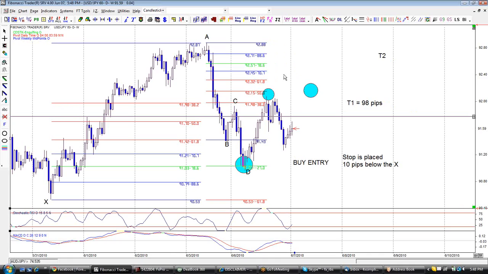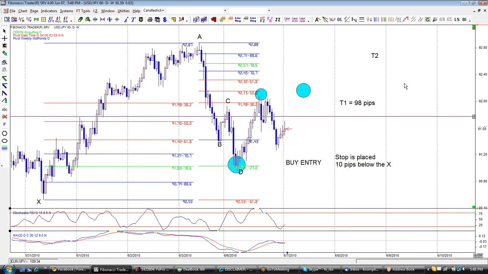Now, if the daily time frame tells me we're in a bearish trend, I will be looking for bearish patterns on smaller time frames. I hope this answers the question.